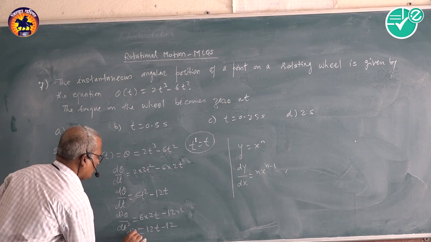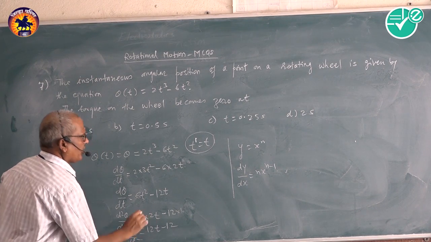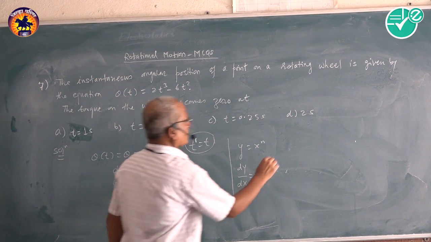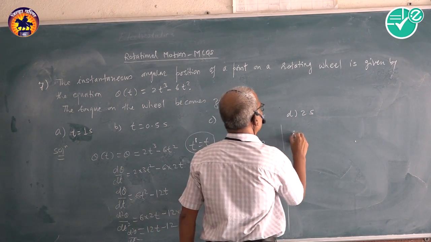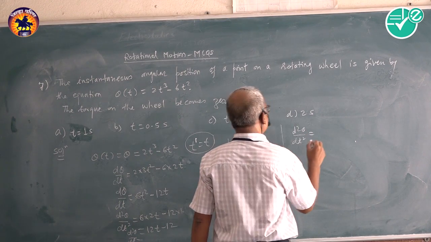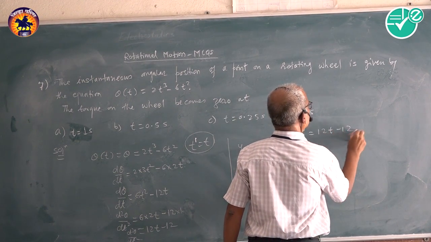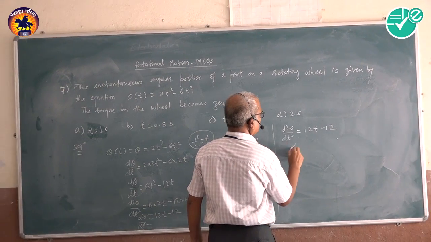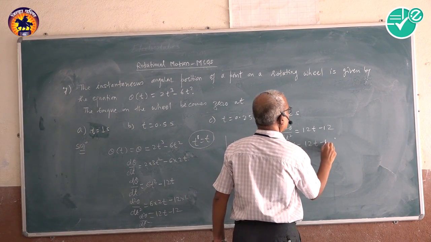That is d²theta by dt², so alpha is equal to 12t minus 12.